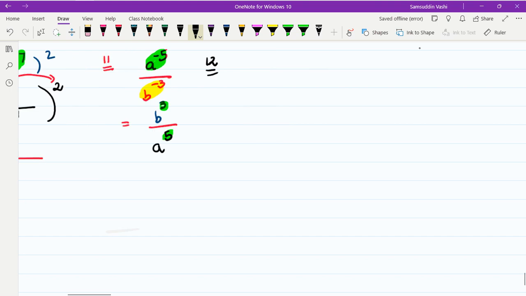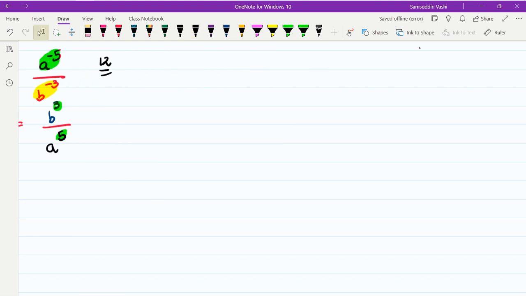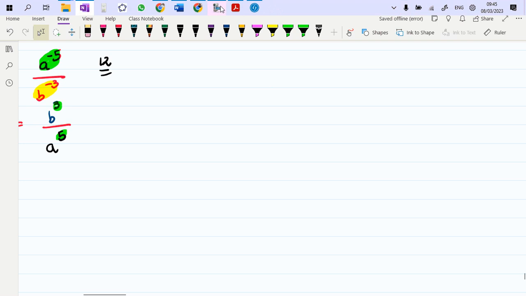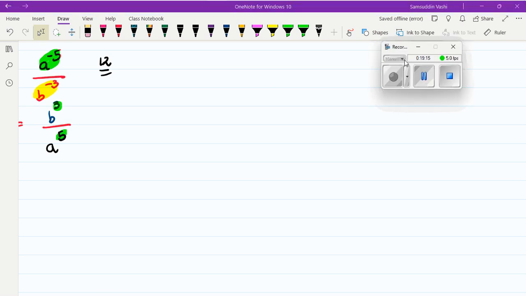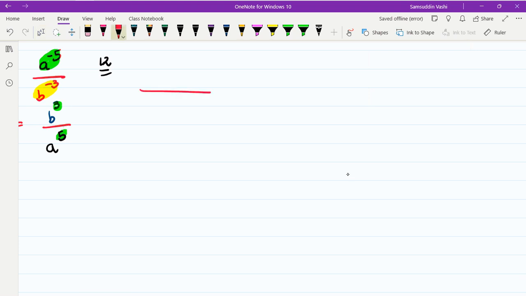Now 12. Okay. Number 12. It's negative 4, p to the power of negative 4, q to the power of 3, and the denominator is negative 3, p to the power of negative 3, and q to the power of negative 4.